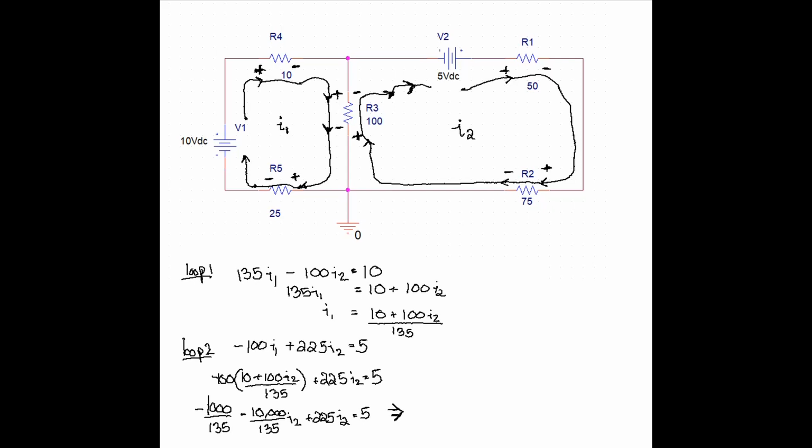At this point, there really isn't too much more to explain. We're just going to solve for I2 by substitution now, which isn't too difficult, just a little bit of algebra.